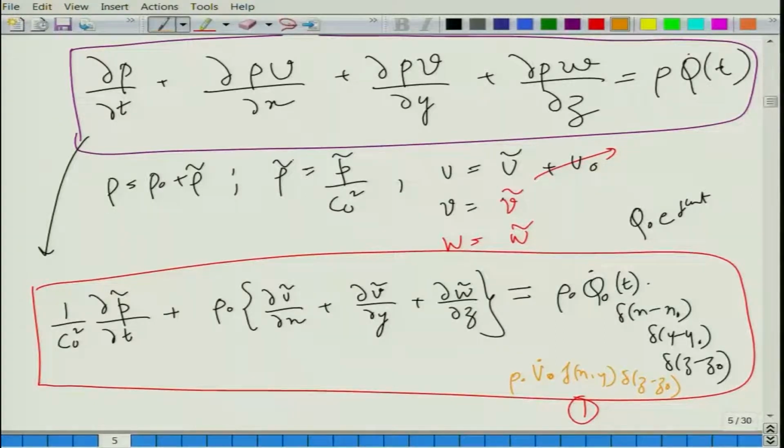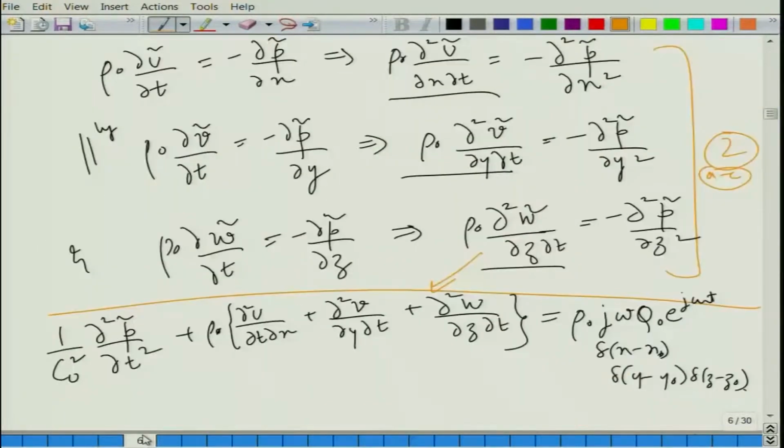Now once we have this particular thing, e to the j omega t is of course there. Then let us do the other things. Here you have rho naught j omega u naught e to the j omega t f x y Dirac delta z minus z naught like this.